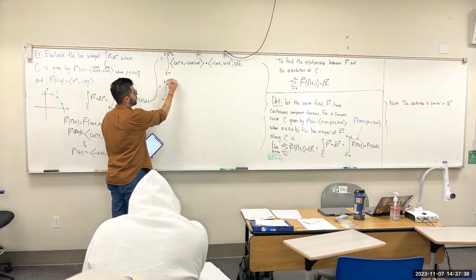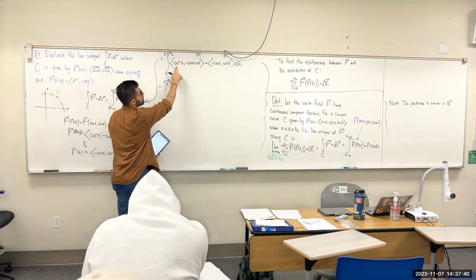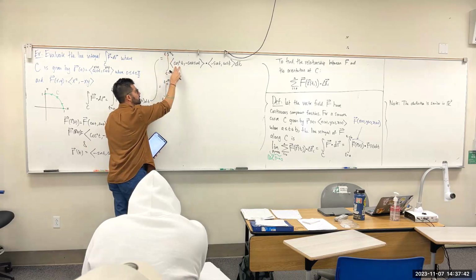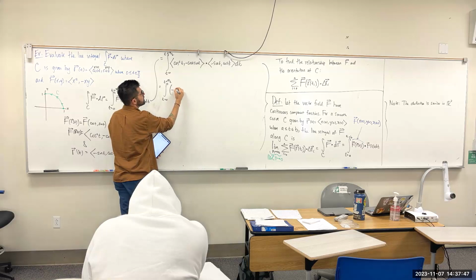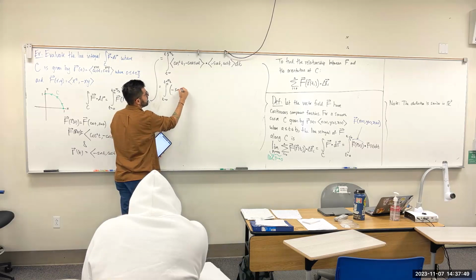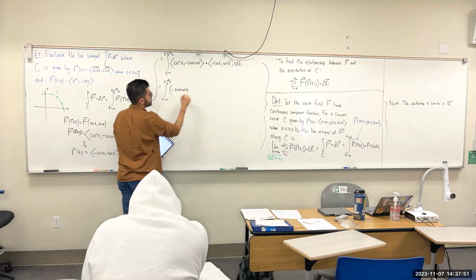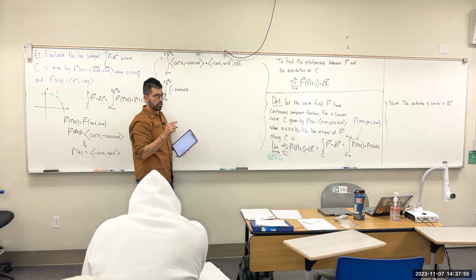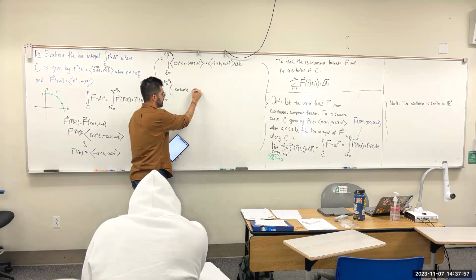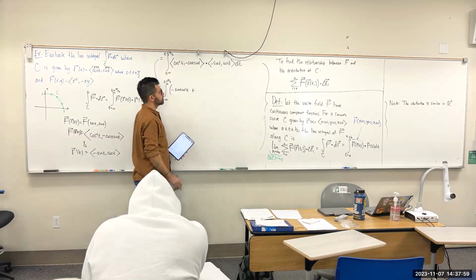Okay. So then we take the dot product. Help me out here. Remember, the dot product is the x component times the x component. So it's going to be minus sine t cosine squared t. And then remember, it's plus with the dot product. It's the product of the x's plus the product of the y's.